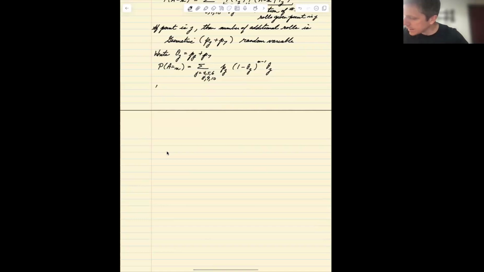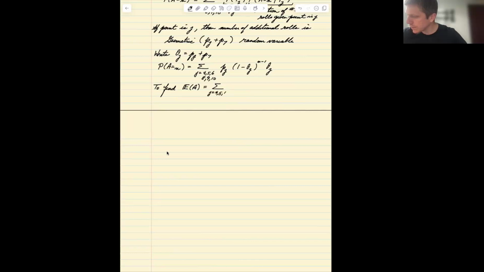And to find the expectation of A, one thing that we can do is we can use the law of total probability on expectation. This is using the idea of conditional expectation.